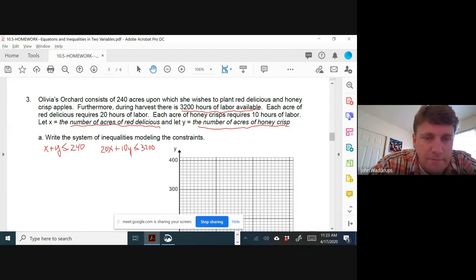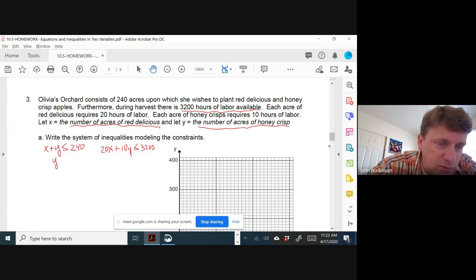And so now we've got these two systems of inequalities. We can go through and solve for y in both, which makes it easier to graph them. So on this side, I'm going to subtract x from both sides. y is less than or equal to 240 minus x.